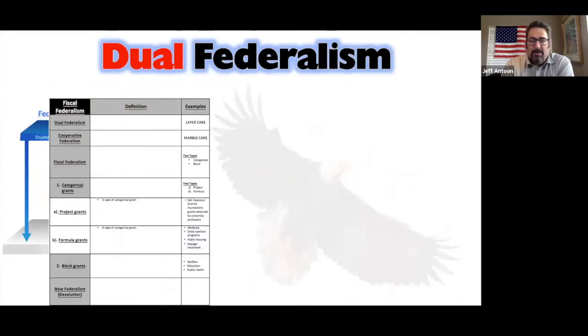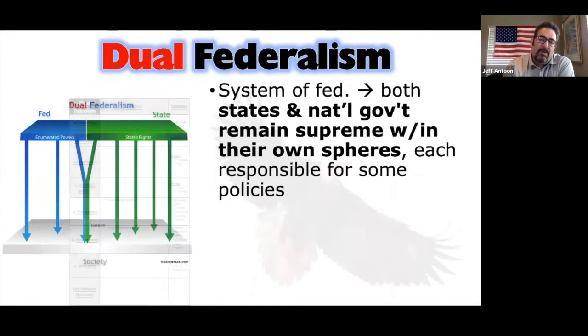All right, I'm going to talk about two different types of federalism, 2.5 types kind of. But the important one is dual, to start us out, which was how we were founded. And again, there's the handout you guys are going to write with. This is a system of federalism where both the states and national governments remain supreme in their own spheres. You can see this graphic that shows the federal in blue and the state in green, and they share little.